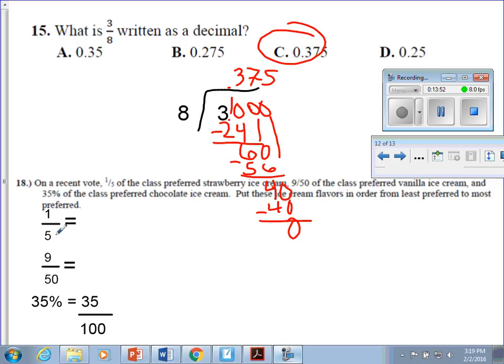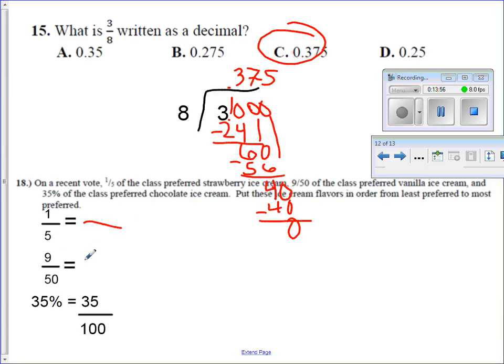Strategy-wise, what I would do, I could change them all to percents. But looking at this, I know that percents are out of 100. So 1/5 set up equal to a fraction out of 100. 5 times 20 is 100. So 1 times 20 is 20.